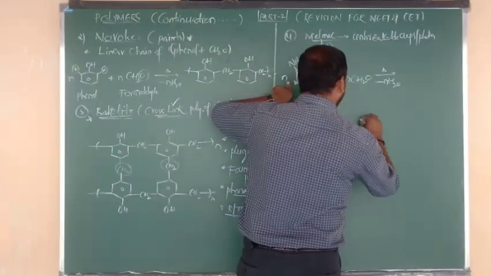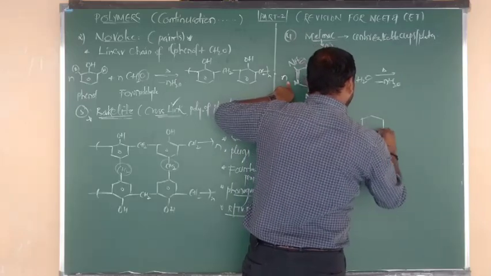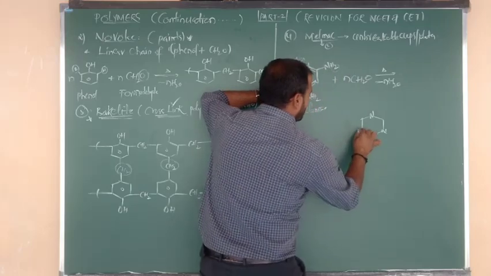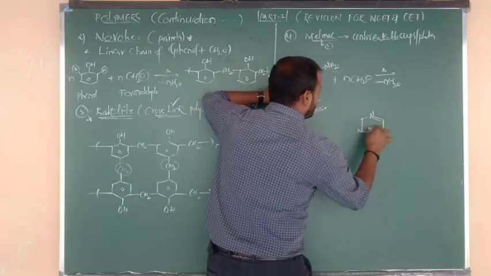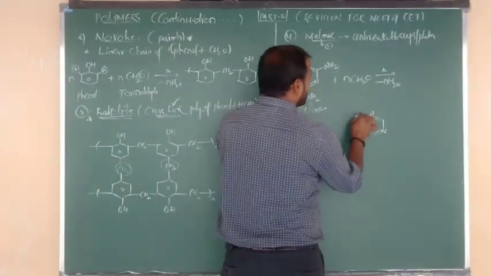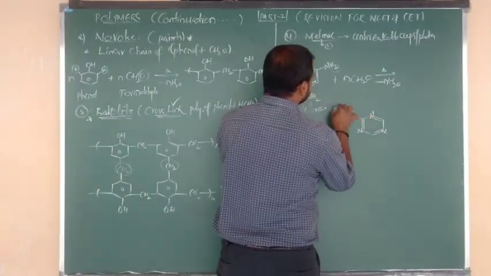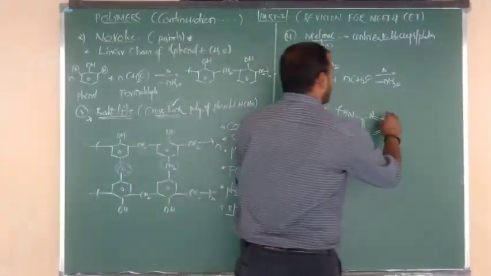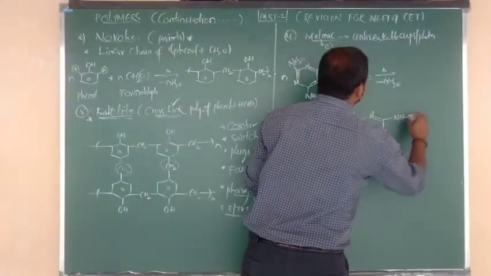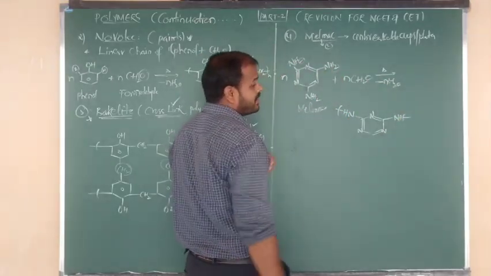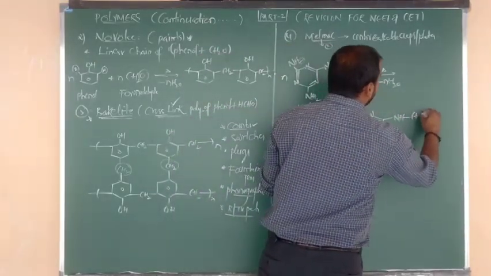So what will be the product? The product is finally, first of all we take the melamine, nitrogen, nitrogen, again nitrogen, double bond, double bond, double bond. Okay, beta. From here we removed one of the hydrogens, the remaining is NH. From the right side also we have removed one more hydrogen, again the remaining group is NH. The 2 hydrogens combine with O and are eliminated as H2O, the remaining is CH2.